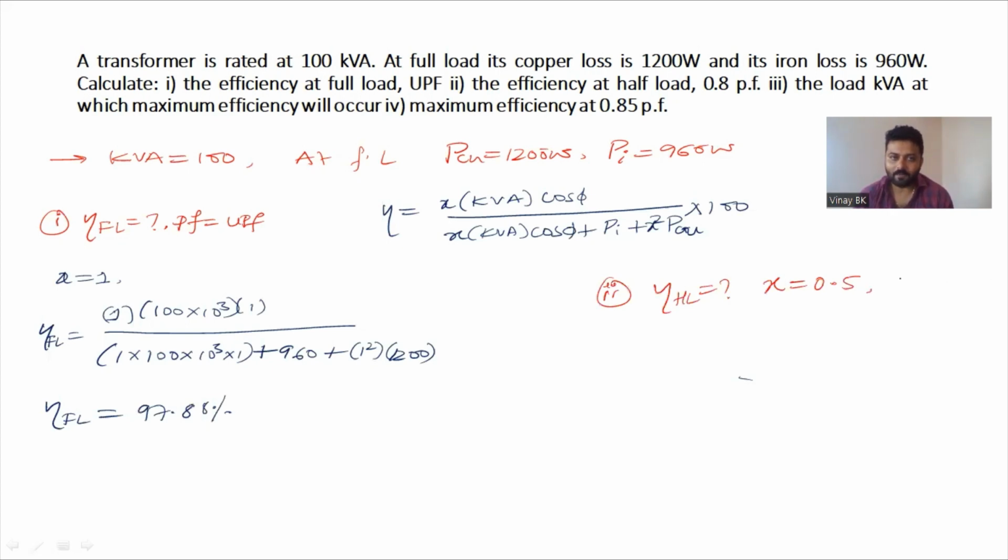And power factor cos phi of 0.8. Same formula, you need to substitute the value of x and power factor. So how will you find for half load?